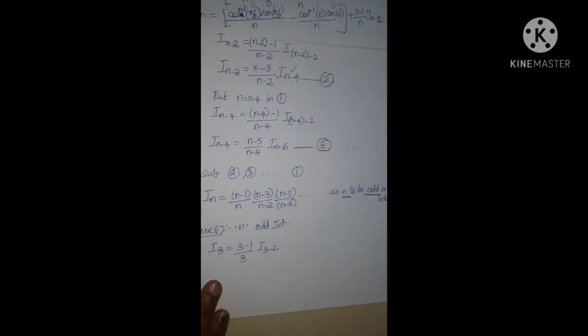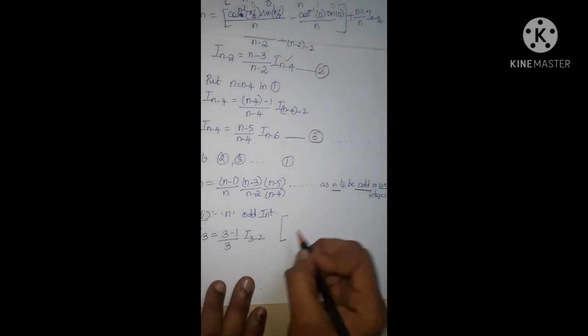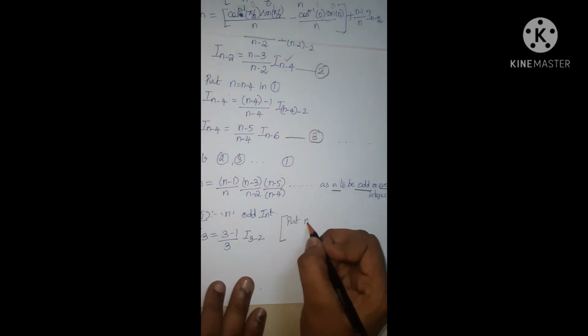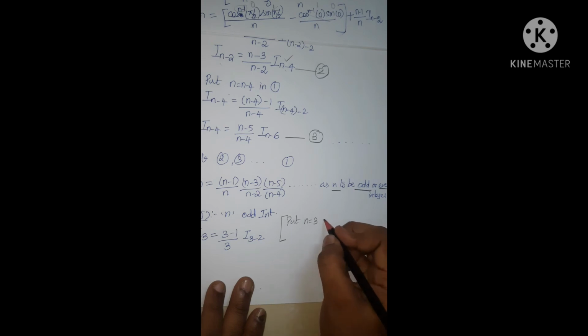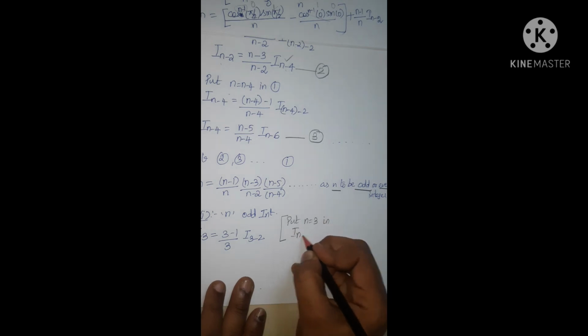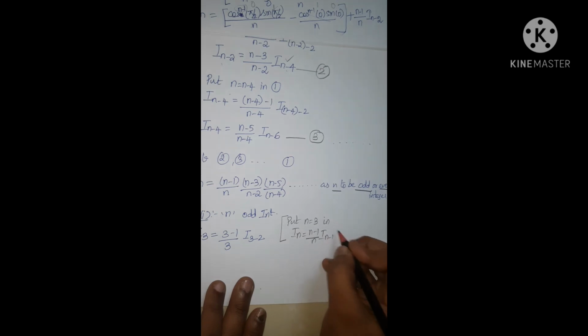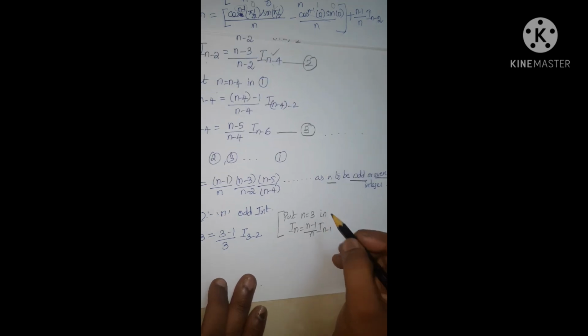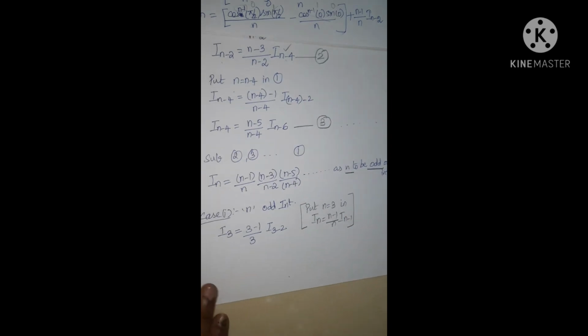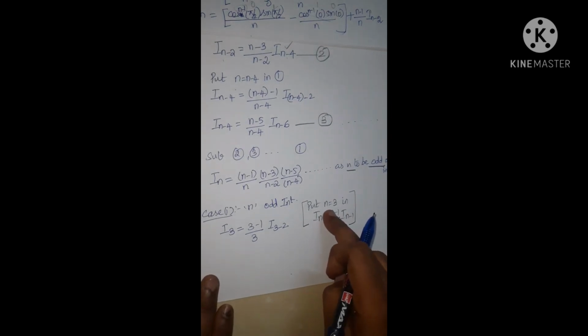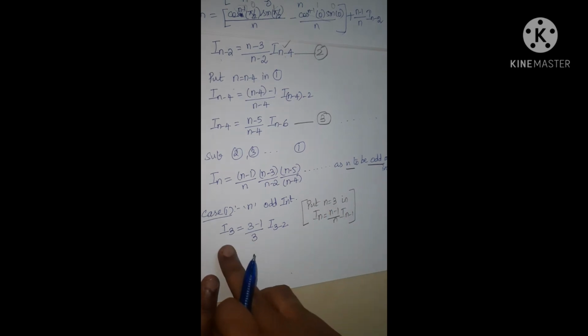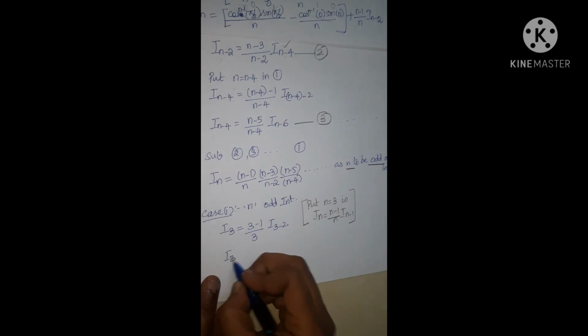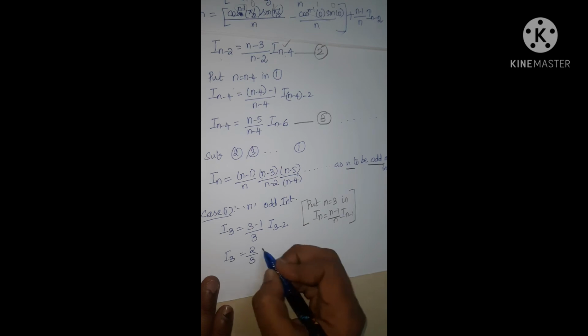How do we get it? We simply put n equal to 3 in our I n expression, n minus 1 by n, I n minus 2. So substituting in this expression, for the least positive odd integer 3, we get I 3 is equal to 3 minus 1, which is 2, by 3 I 1.